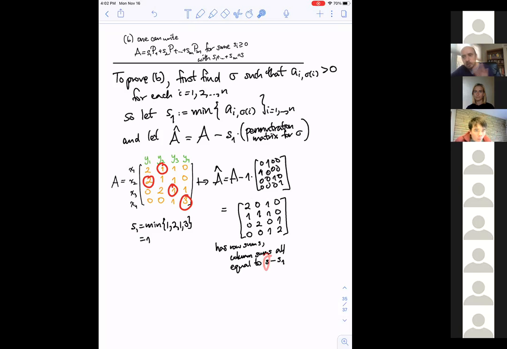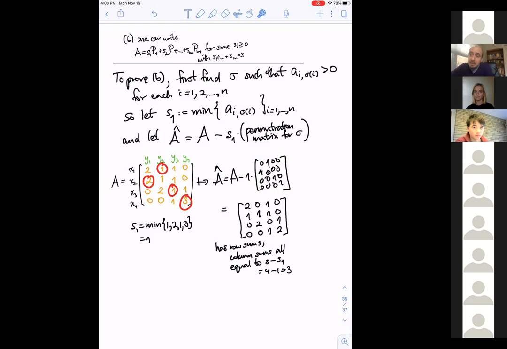S, remember, was the original row and column sum, which was 4. S1 here was 1. Now they're all 3. And the reason was we subtracted little s1 times a permutation matrix. Its row sums and column sums are all little s1. And so that's how much we subtracted off from each of the rows and columns of the original matrix.